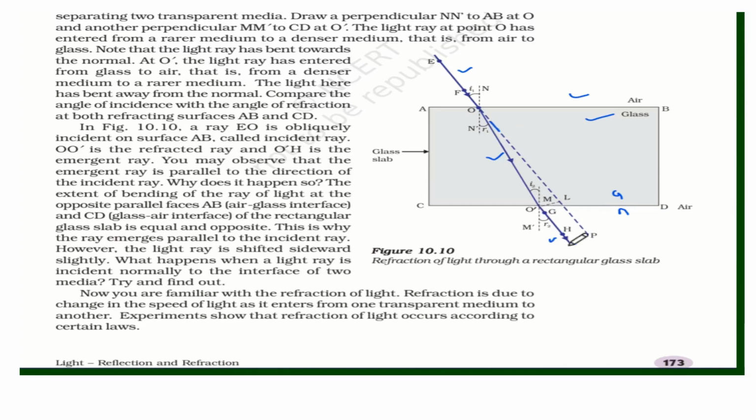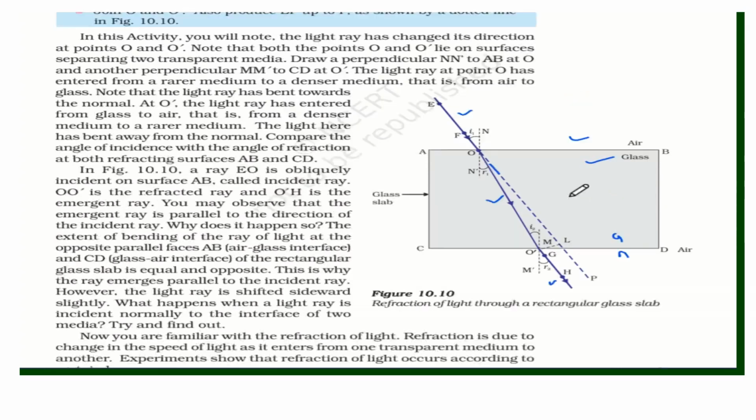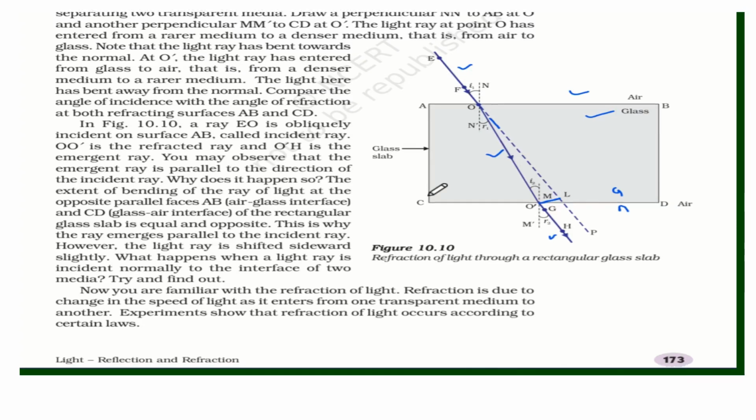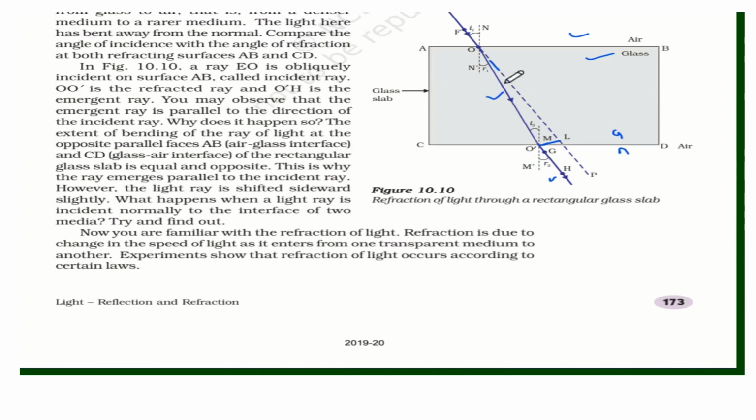The perpendicular distance between the emergent ray and the light which is coming along this line when there is no refraction is called lateral displacement. Here, if there is no refraction, the ray will emerge parallel to the emergent ray.